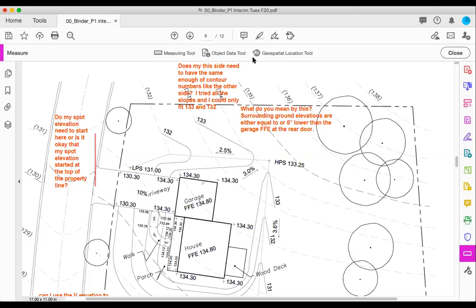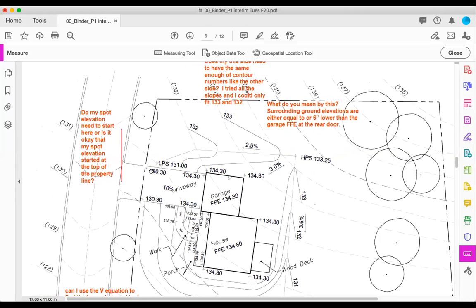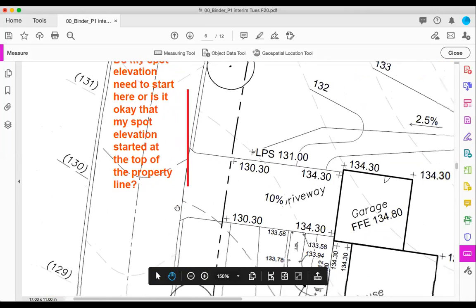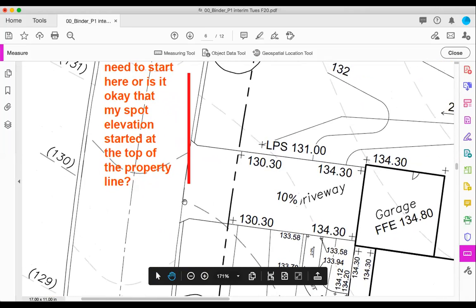Yeah, cool. Do my spot need to start there? Yeah, I think we went through where your spot needs to be for the driveway, right? I'm kind of confused how you got your spot elevation at the bottom. So am I going to use like 2%?